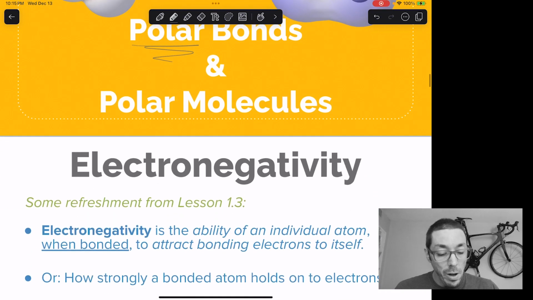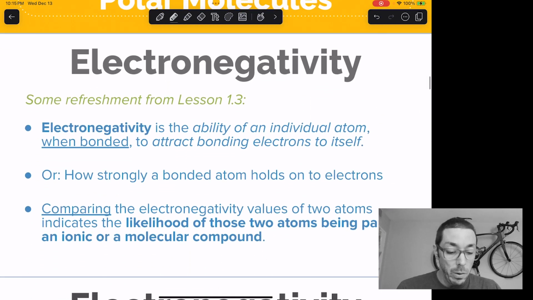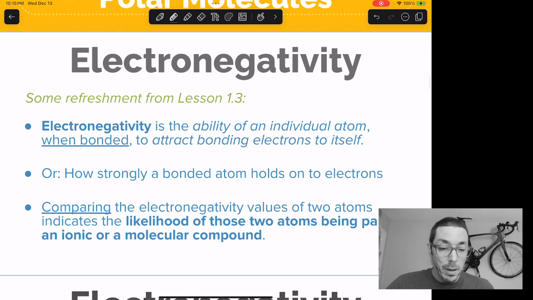So in order to talk about polarity, we have to remind ourselves about electronegativity. And that was one of the trends that we talked about in lesson 1.3. So if you remember back, the trend of electronegativity, it's the ability of an atom, when it's in a bond, to attract the electrons that are in that bond toward itself.